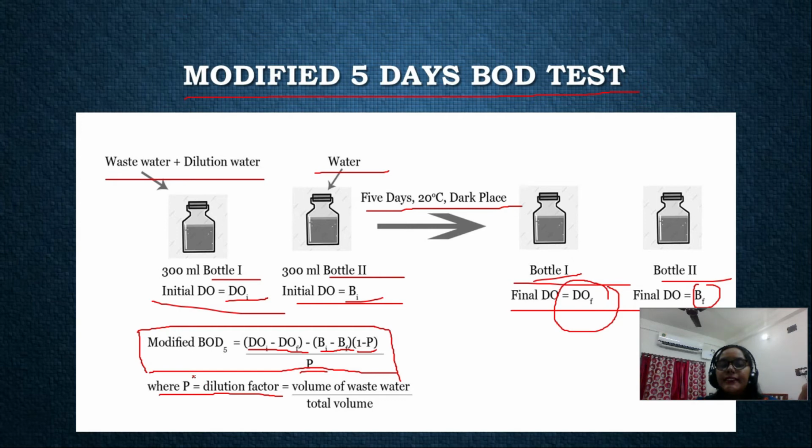This dilution factor will be incorporated here also, and it equals the volume of wastewater divided by total volume. Understand? So this is the value of P.